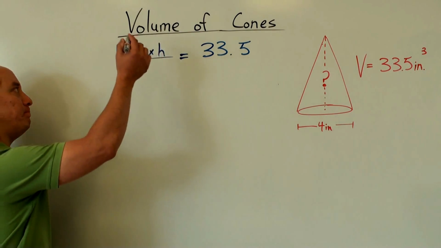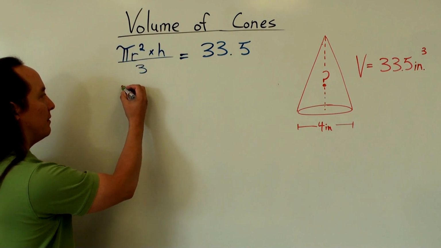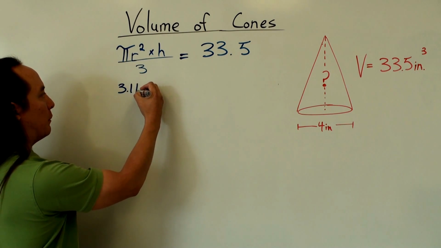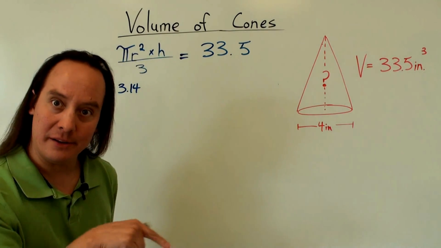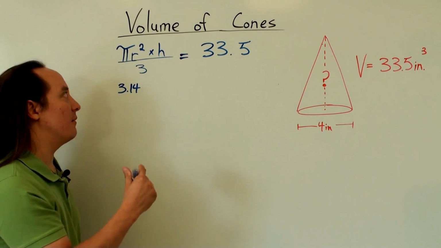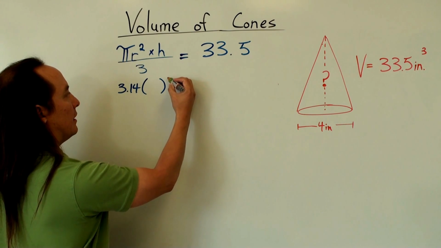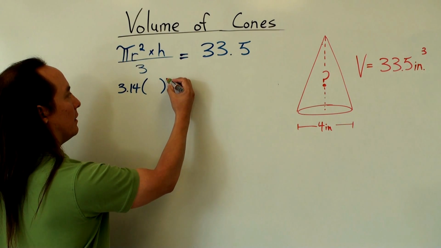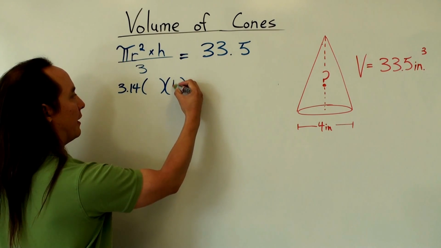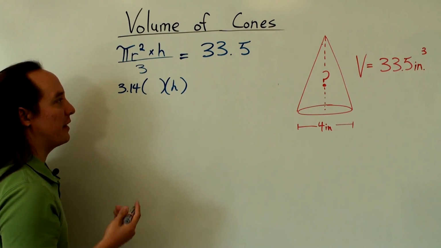So, pi, I always use 3.14 when I'm writing it on the board, and I use the button on the calculator when I'm solving it. I'm going to put a pair of parentheses here for the radius, and, what the heck, put a pair of parentheses here for the h, for the height.